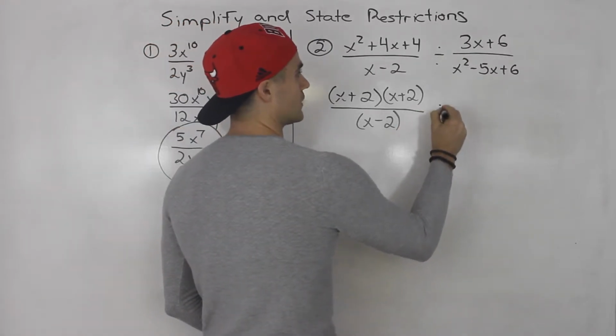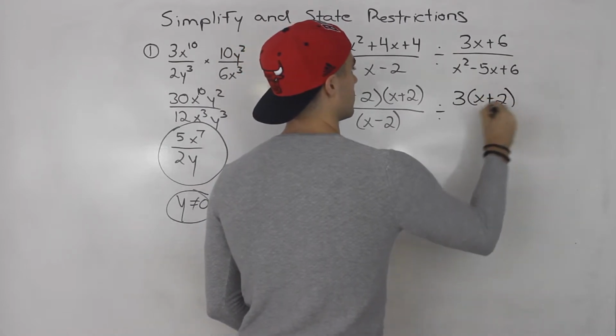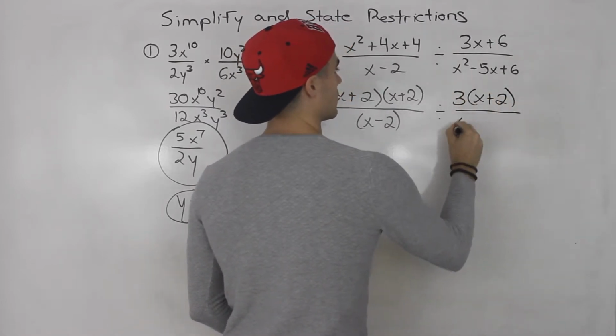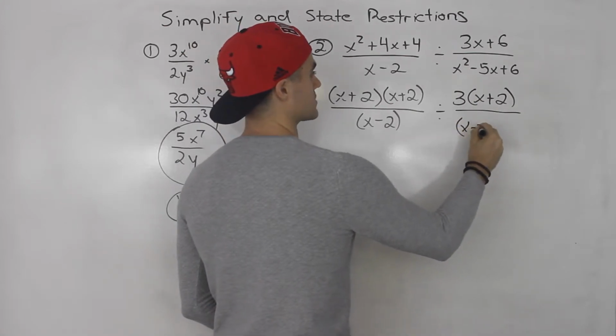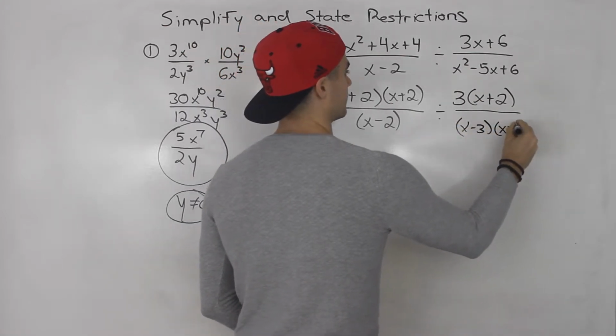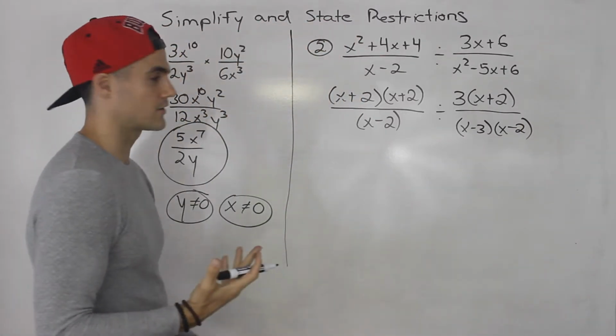And then over here, notice we could take out a 3 from the numerator. And then this denominator, if you do decomposition on that, will factor into x minus 3, x minus 2. All right, so everything is factored.